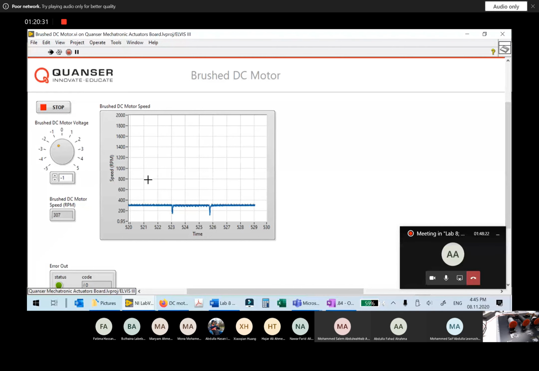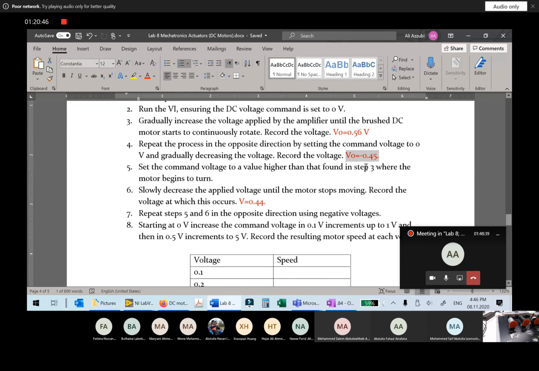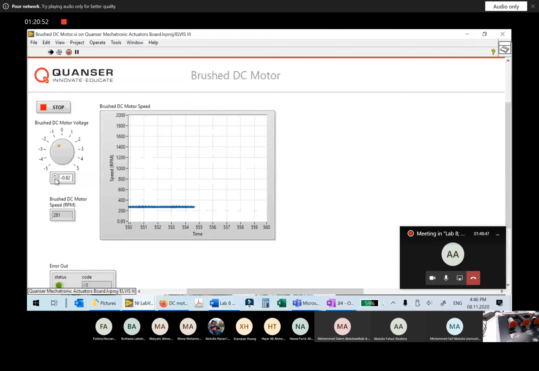Now I will decrease the voltage absolutely until the motor stops moving. We expect it to be absolutely less than this, maybe 0.4 or 0.35. So I'll start increasing in that sense.